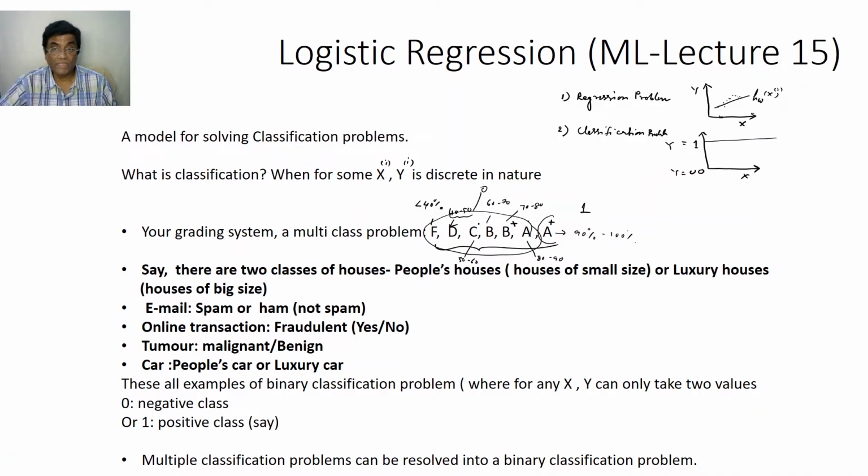Or suppose I want to see how many students got just pass marks. I will make my interest C grade and non C grade. Or how many failed. I will focus my interest on F grade and non F grade, like that. So a multi-class problem, for all practicality, can be modeled as a binary classification problem.